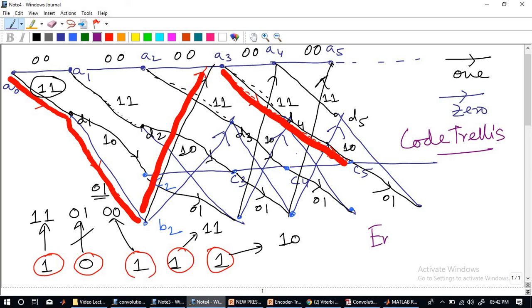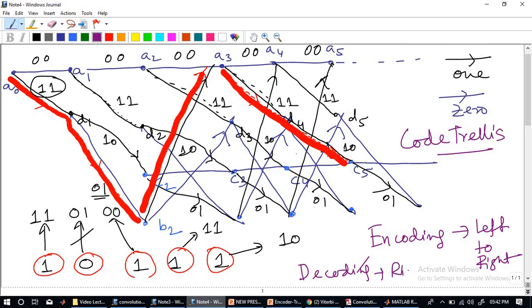For encoding, the tracing should be from left to right, whereas for decoding, it should start from right and end at left. The decoding is with respect to Viterbi, but for Viterbi decoding, the code trellis concept is to be understood. So that's what I thought of doing today, so that the encoding is at least known to you.